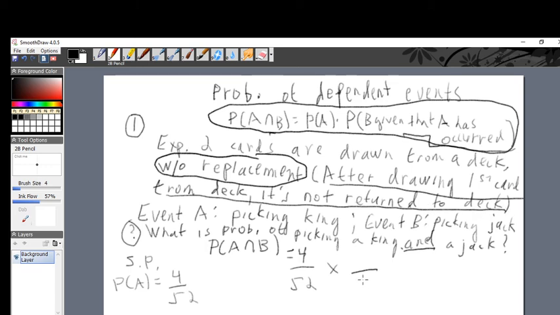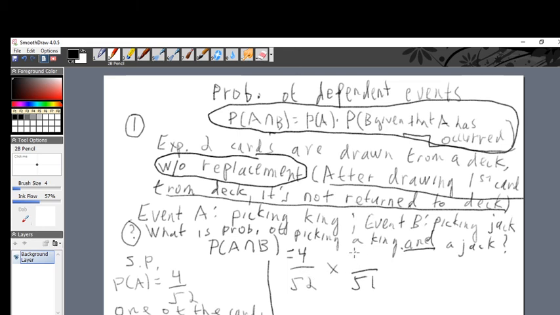So what is the denominator? The denominator is 51 because one of the cards is now gone. So there's only 51 left. What are the chances of getting a jack after you've gotten a king?